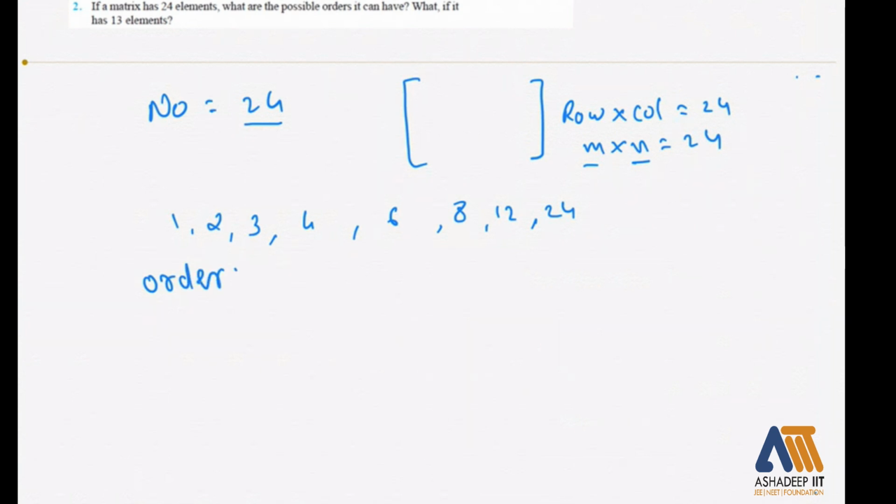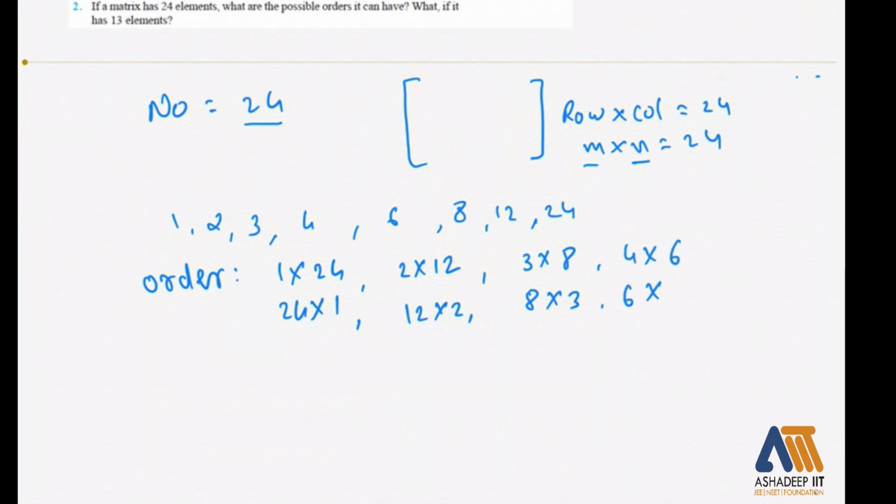So, order should be 1 cross 24 or 24 cross 1, 2 cross 12, 12 cross 2, 3 cross 8, 8 cross 3, 4 cross 6, 6 cross 4. So, these are the possible orders.